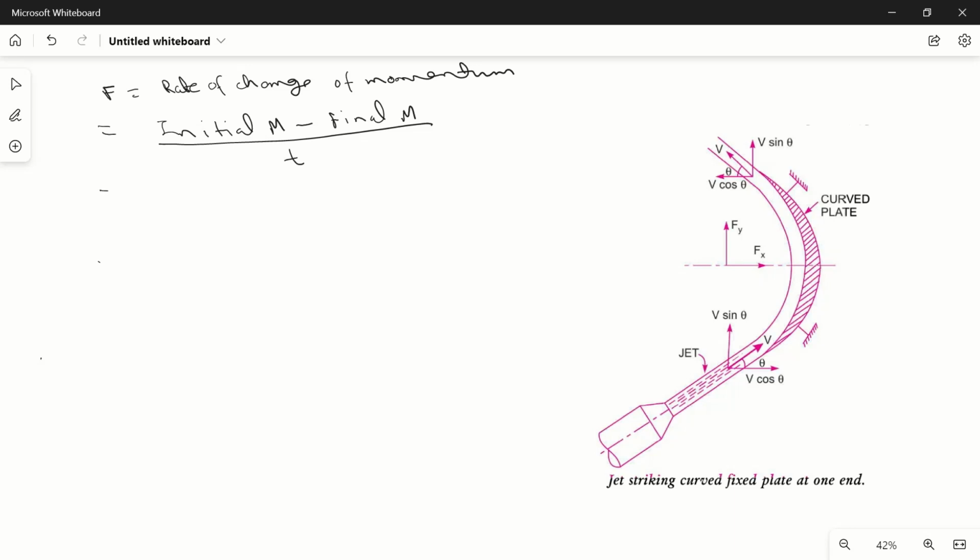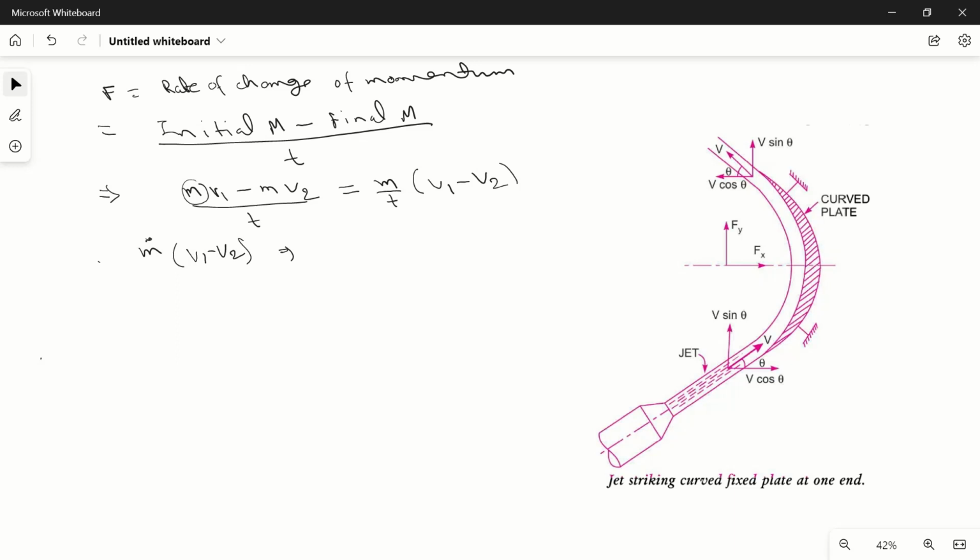Momentum is mass into velocity, so it will be m v1 minus m v2 divided by t. Because the mass flow rate is constant, m1 and m2 will be the same, so it will be m by t into (v1 minus v2). M by t is the mass flow rate, where m is mass. So we can write m dot, the mass flow rate, times (v1 minus v2).